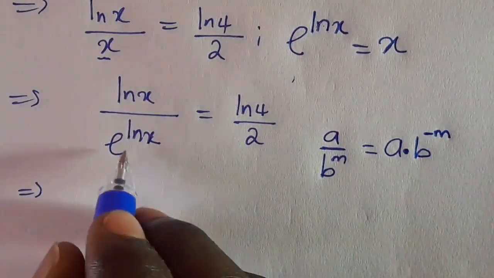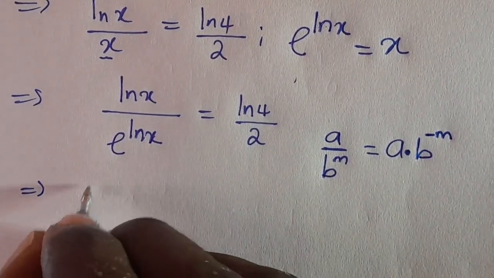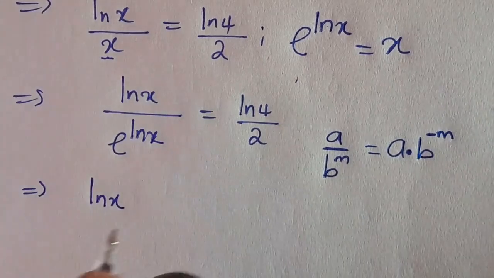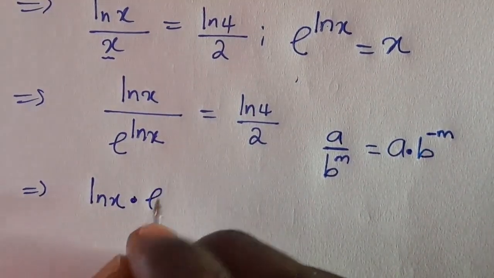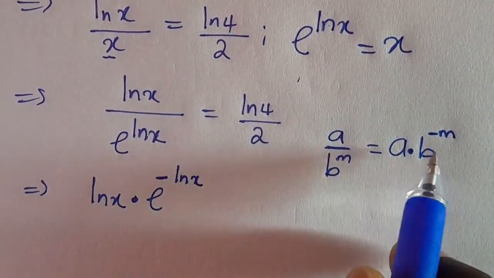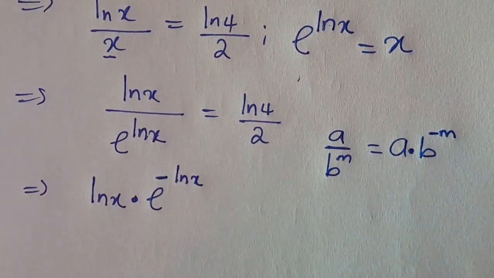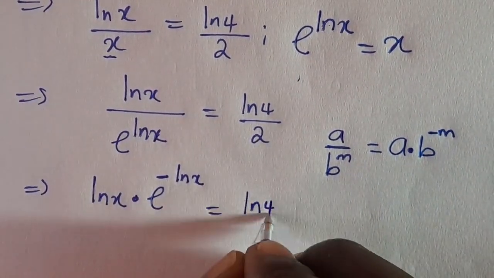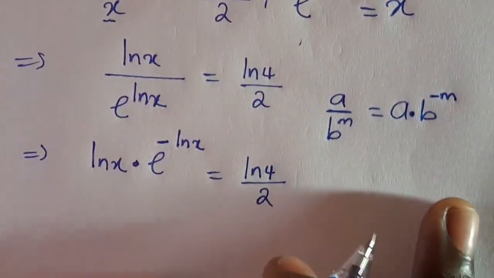And by applying it here, we're going to have ln of x, that happens to be our a, then multiplied by e to the power of minus ln of x, that happens to be our b to the power of minus m. Then this equals ln 4 divided by 2.